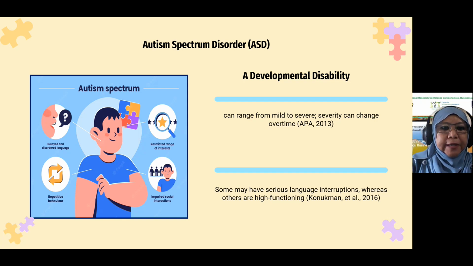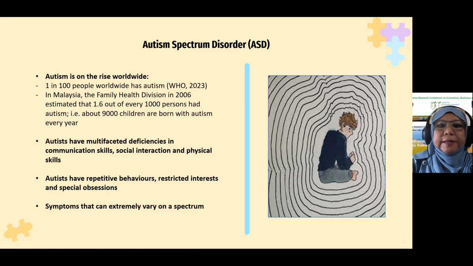Now, next one. Let us get to know more about ASD, or autism spectrum disorder. Actually, autism is on the rise worldwide. It is stated that 1 in 100 people worldwide has autism.